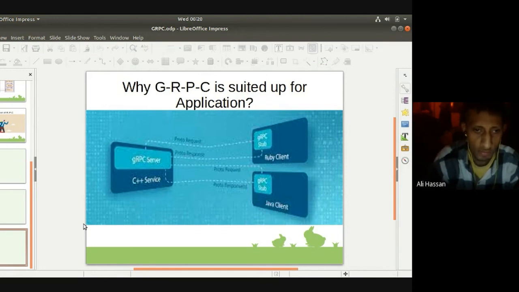And second, as you see in gRPC's connections, imagine your application server is written in Go, and the client who wants to talk to your application is written in JavaScript.